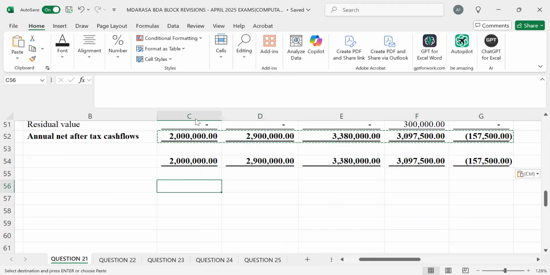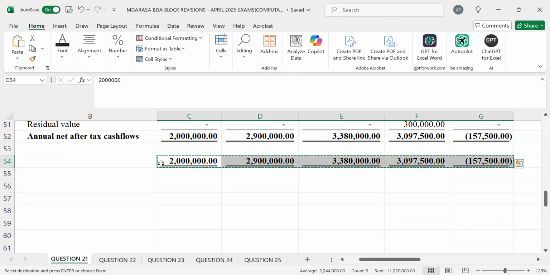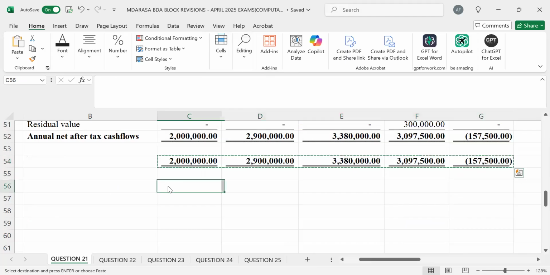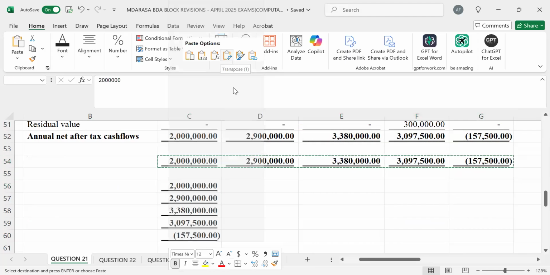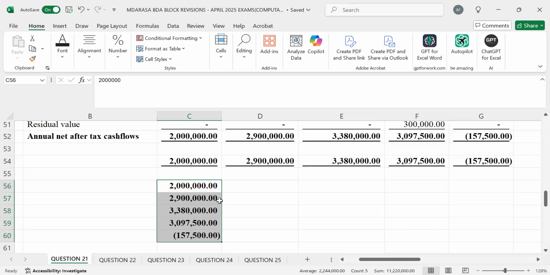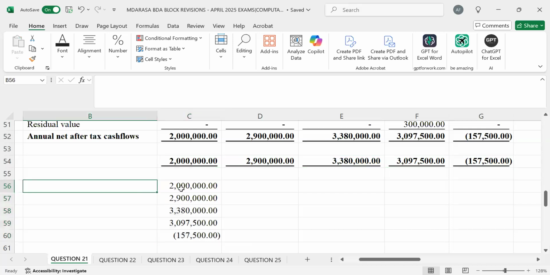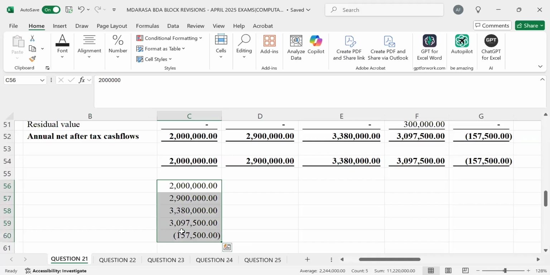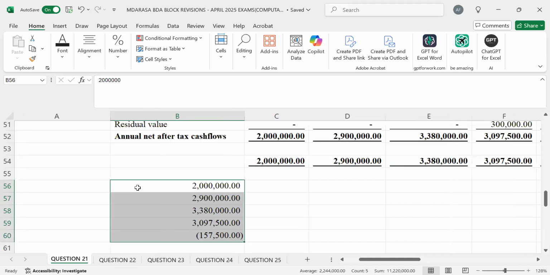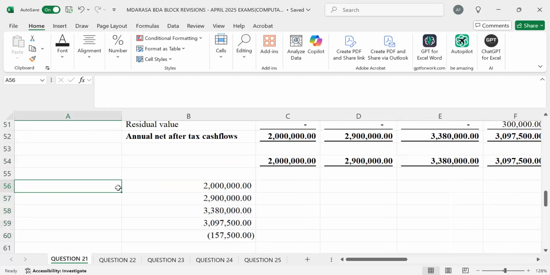Our cash flows, I'll just have them here, transposed like that. So we're having our years: year 1, year 2, all the way here, year 3. So these are the periods.